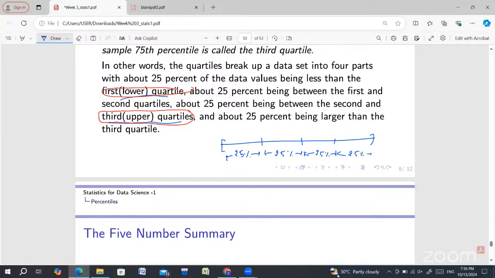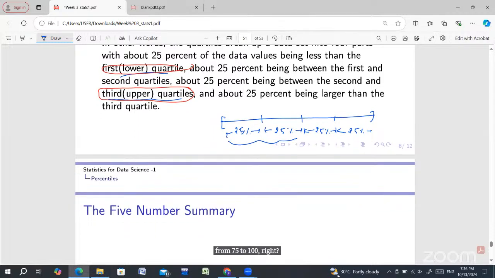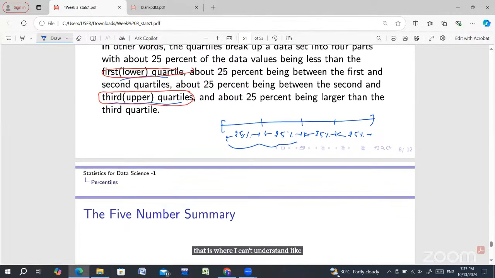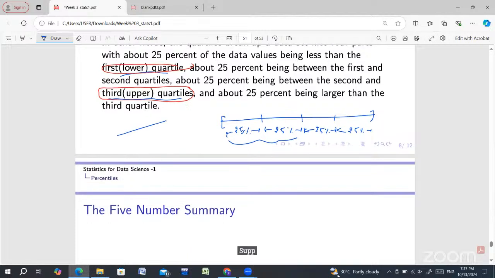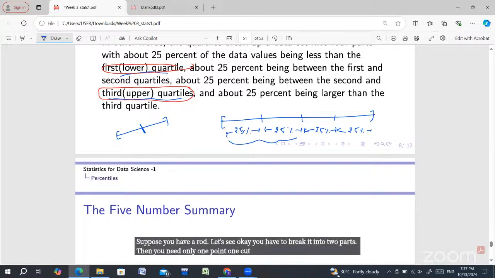By this definition, there should be a fourth quartile also, from 75 to 100, right? That is where I can't understand. Why will it be 4? Suppose you have a rod and you have to break it into 2 parts. Then you need only 1 cut, right?